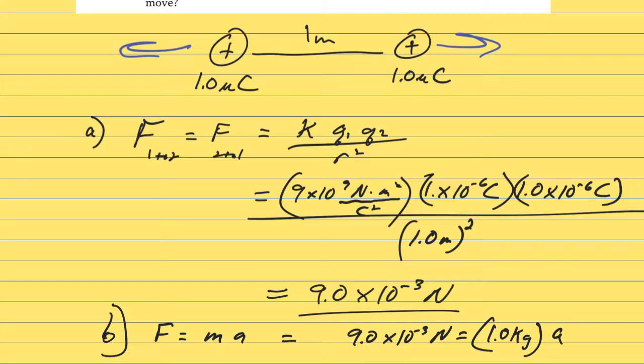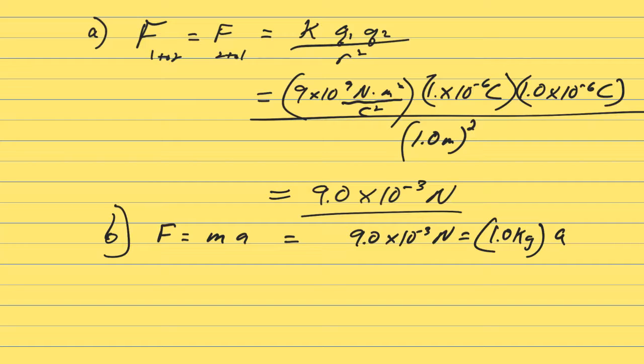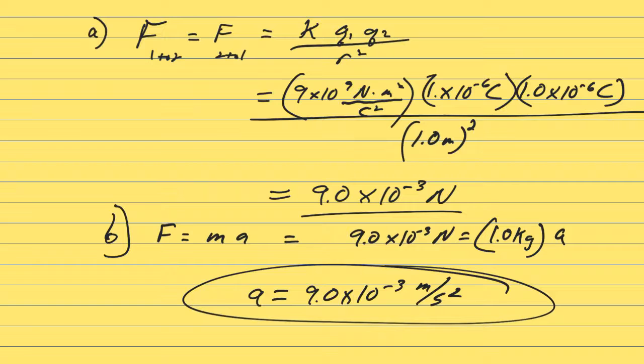And A is the question mark. Sorry, I need a little room here. So if we get A all by itself, we're going to have to divide that kilogram from both sides. And we're going to get 9.0 times 10 to the negative 3rd. Acceleration is meters per second squared.